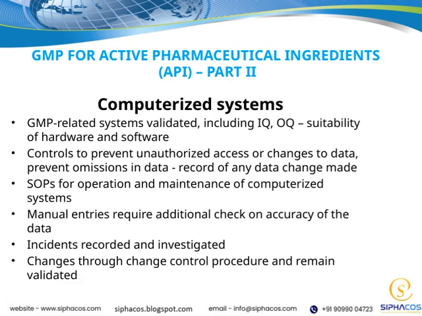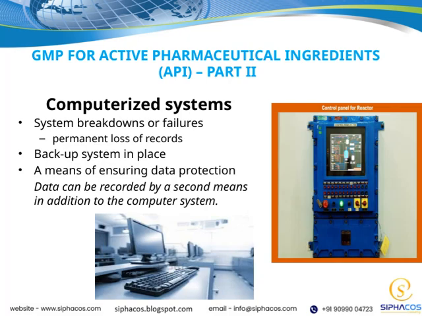This ensures that the system remains validated after modifications, maintaining its integrity and compliance. All of these practices are part of our broader GMP approach for active pharmaceutical ingredients, or APIs, which we'll explore further in this section.